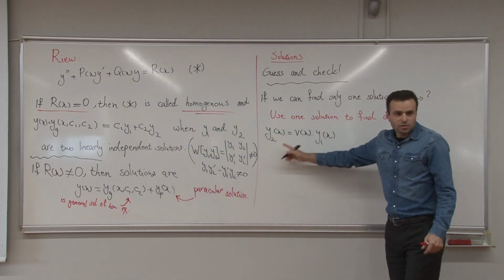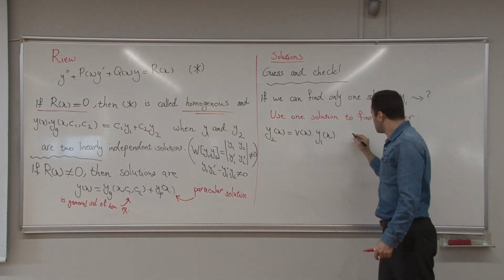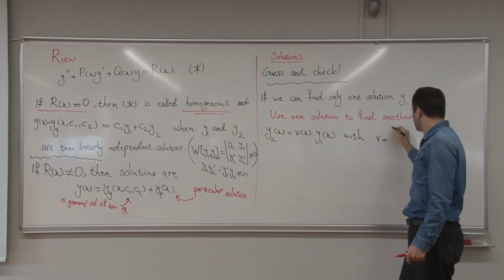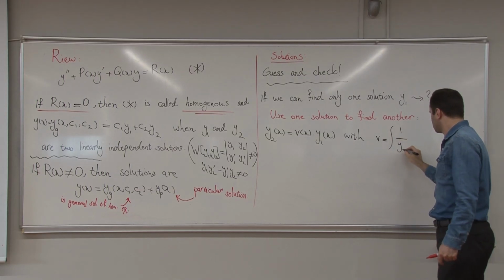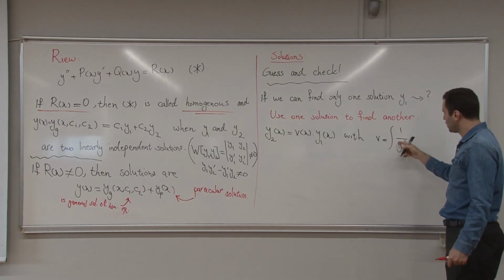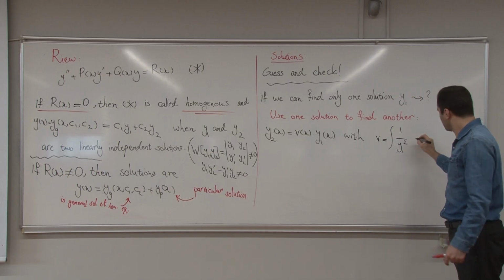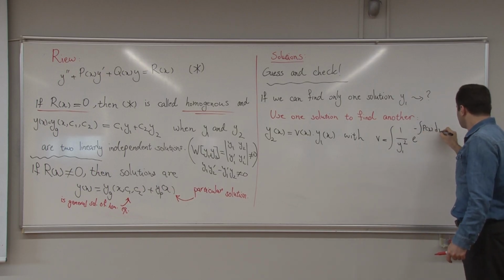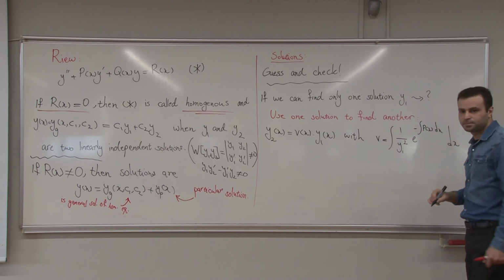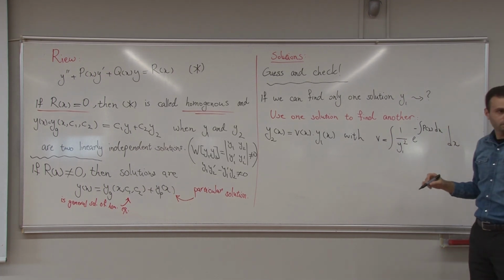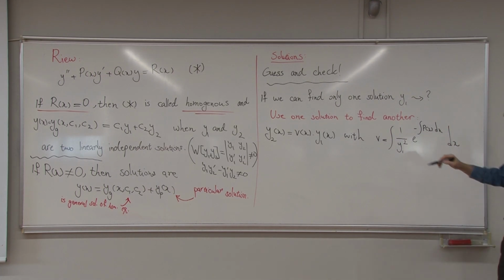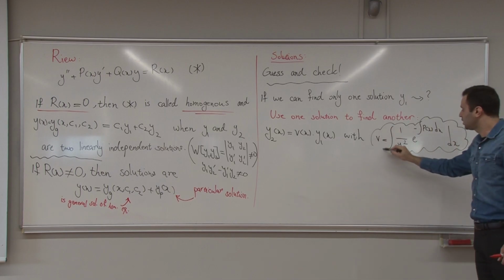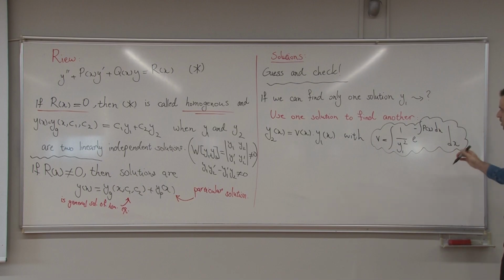Then my second solution, if I have one, comes this way, with v(x) equal to 1 divided by y1 to the power of 2 times e to the power of minus the integral of p(x) dx. Right? Yes. If we have one solution, this is how we can find another solution. And it is like this. Okay?